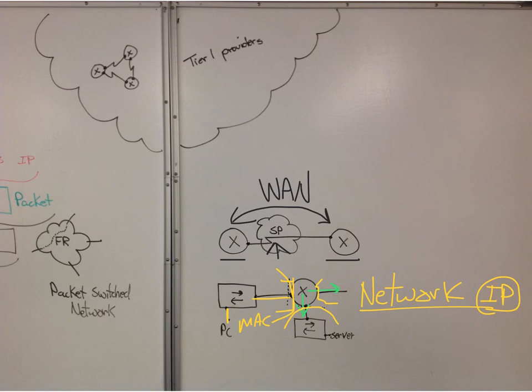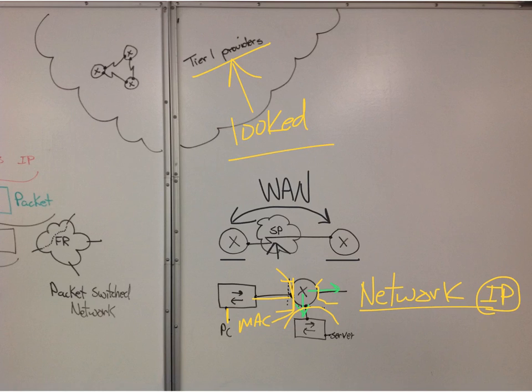To finish up here, we did talk a little bit about Tier 1 providers, and we looked those up. They are the backbone of communications in the world. There's a limited number of them in the United States, and we talked a little bit about how those came about.